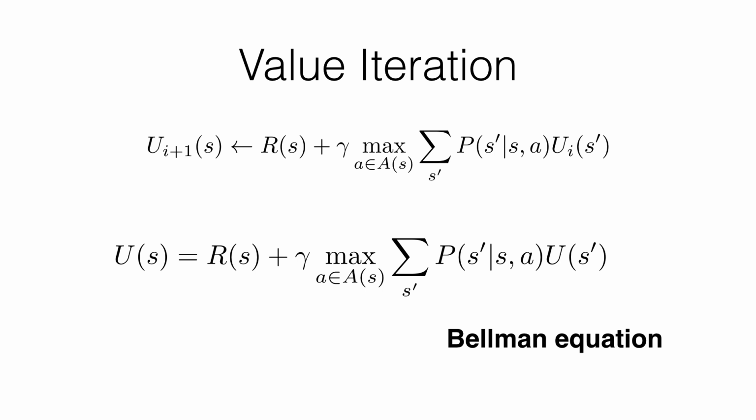But it's actually useful to think about what happens with this update equation when it runs an update and nothing happens. In other words, when it converges, when it's done. So what would it mean for us to run that update, the equation on top, and nothing happens? U sub I plus 1 is exactly equal to U sub I. If that didn't change at all, what that basically means is exactly the Bellman equation.